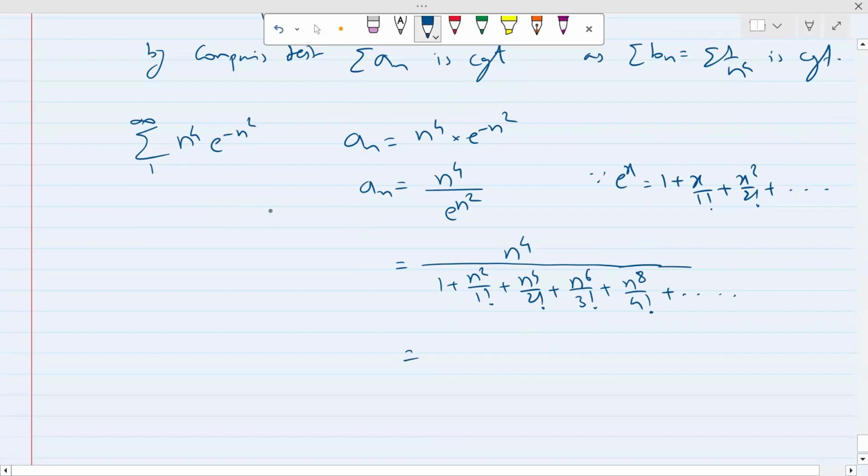Now I am deleting all but one term from the right hand side. I am keeping the numerator as it is, and in the denominator I am just keeping n raised to 6 upon 3 factorial.